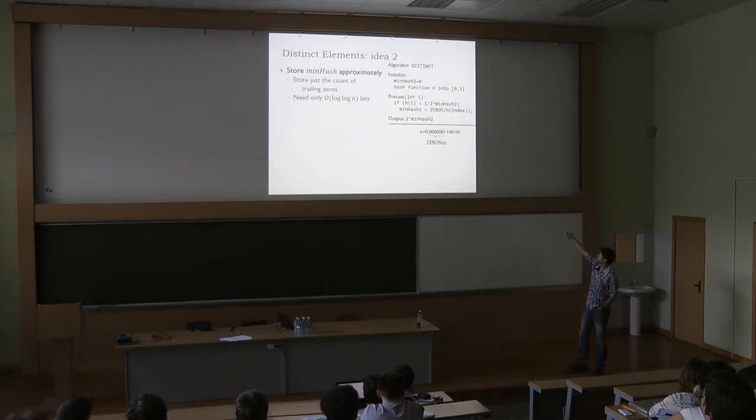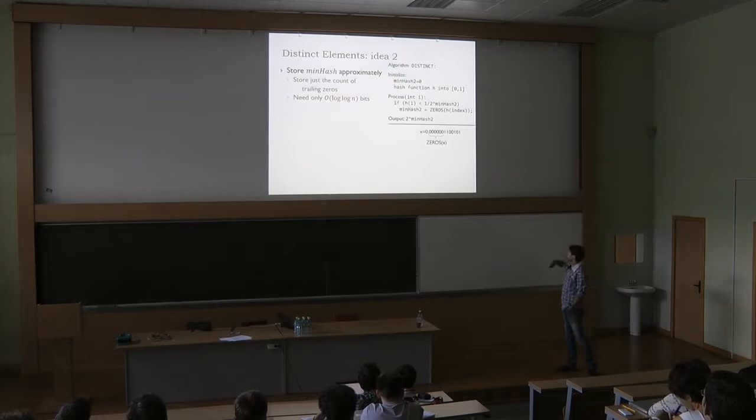I guess I should have explained what this algorithm looks like. This is the initialization: we set it to 0 at the beginning, and we have some hash function h from our IP addresses to 0, 1, say. And what do we do when we see some IP address?